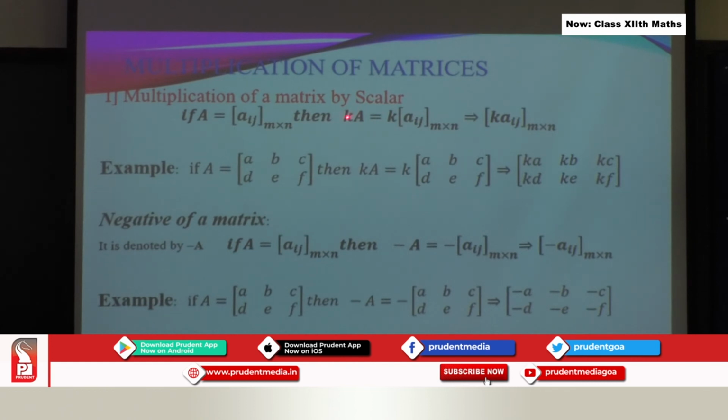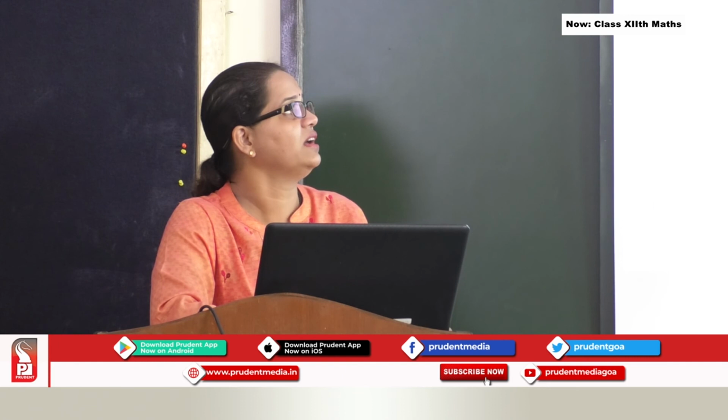That scalar can be any number. That number you multiply to the matrix A. What happens? This K, this scalar goes to each entry and gets multiplied. You can see here this K goes inside to each entry and gets multiplied.